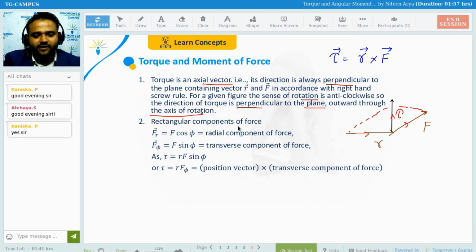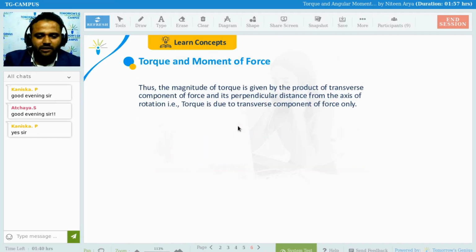Now the second: the rectangular components of force, which are Fr = F cos theta, the radial component of force, and F phi = F sin theta, the transverse component of force. So torque tau = R F sin phi, or R F phi, that is, the position vector times the transverse component of force. We are proving the formula torque tau = R cross F, which is R F sin phi, where phi is the angle between R and the force direction.